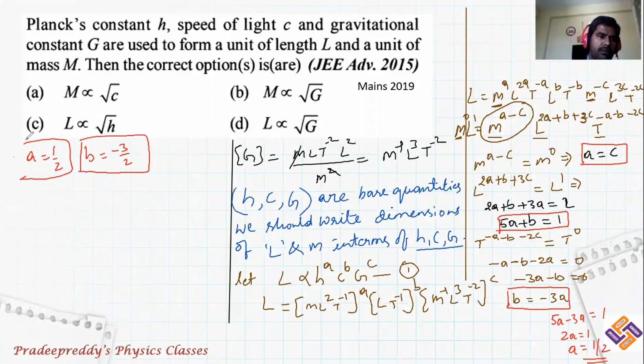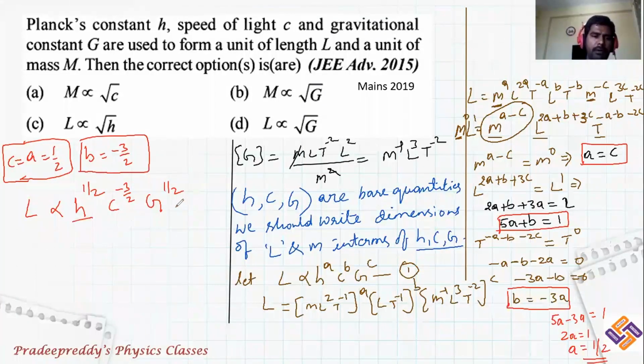Now therefore you can write L is directly proportional to h power A, which is 1 by 2, c power B, which is minus 3 by 2, g power C, which is 1 by 2. So L is directly proportional to h^(1/2), c^(-3/2), g^(1/2).